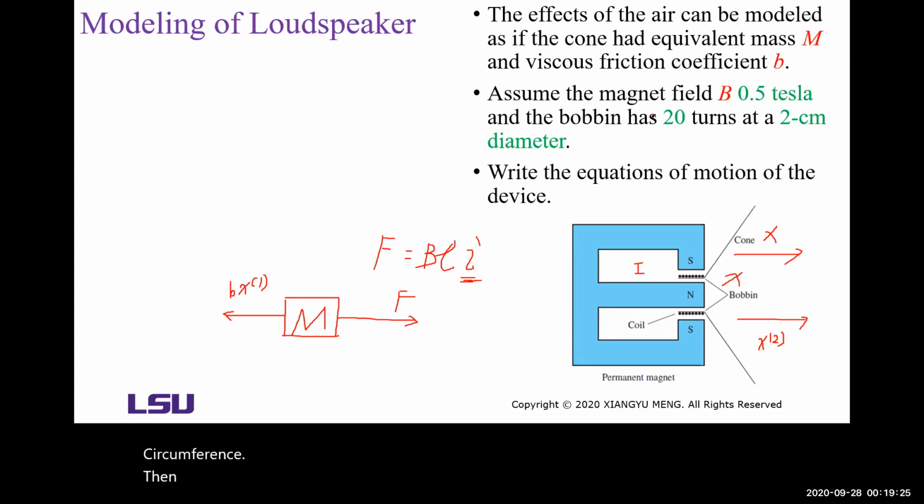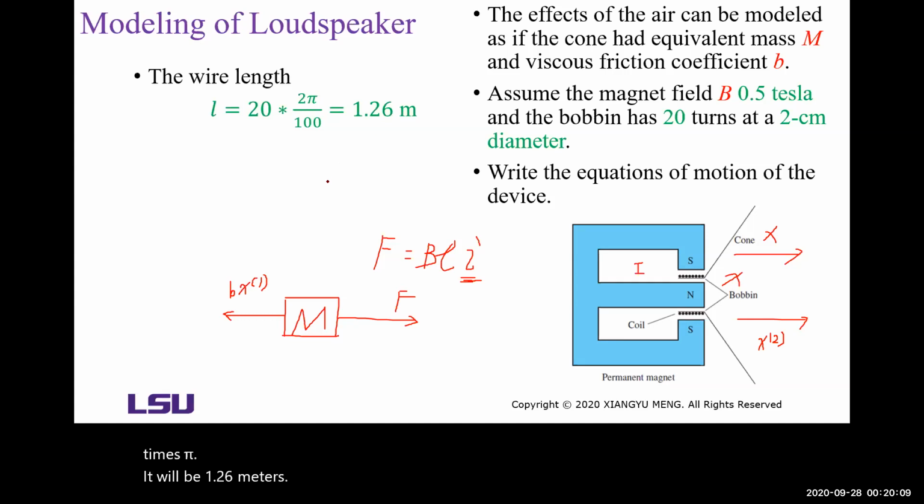Then we multiply by 20 to get the length of the wire. The wire length L is equal to 20 turns times the circumference, which is 2 centimeter times pi. It will be 1.26 meters.